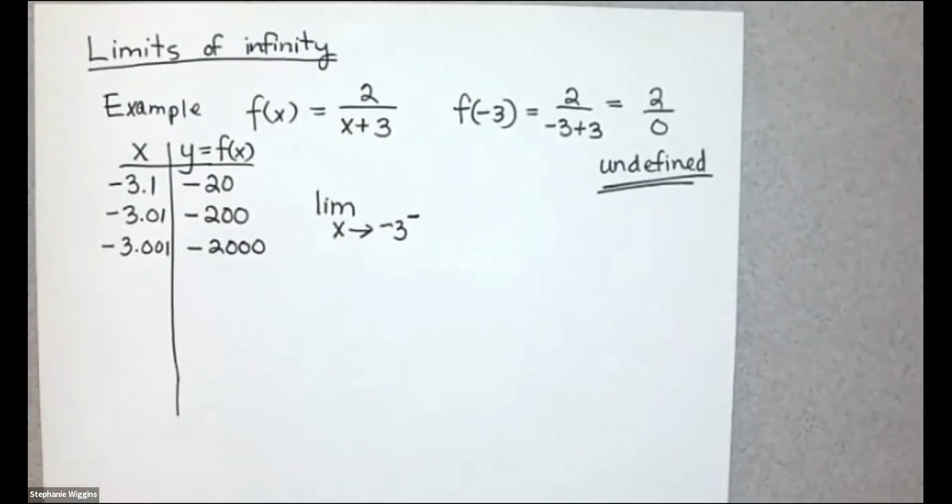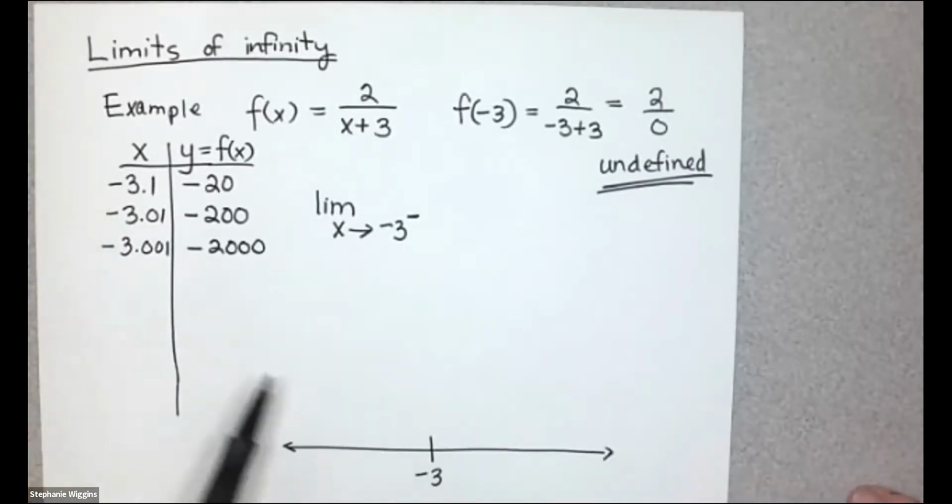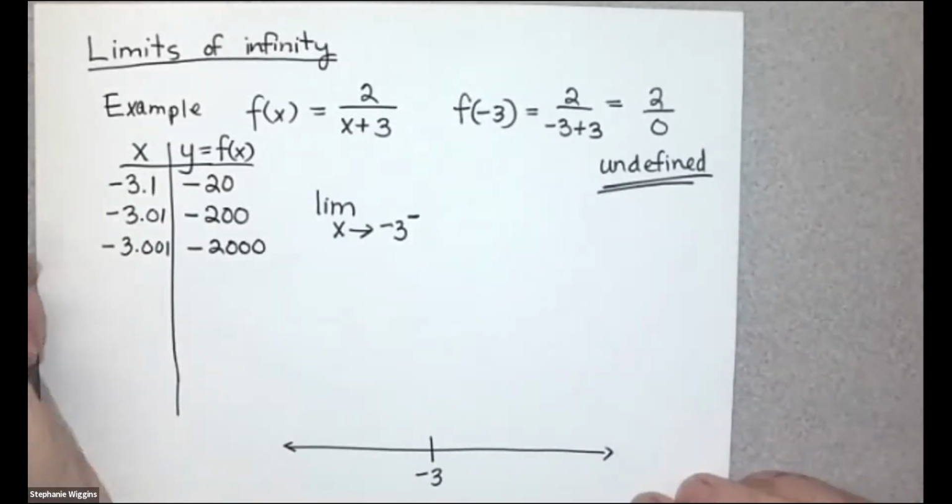So if I draw a number line, I'll do that right here. I'm focused at -3, but these numbers are on the left side.